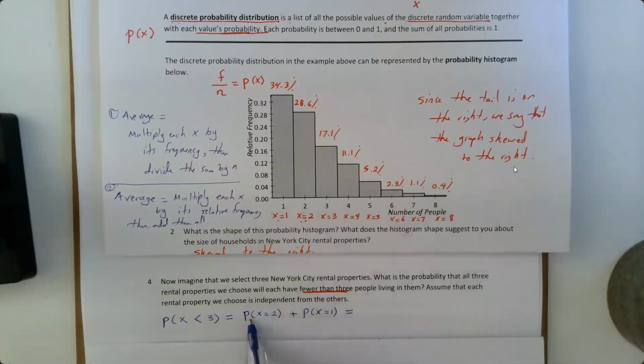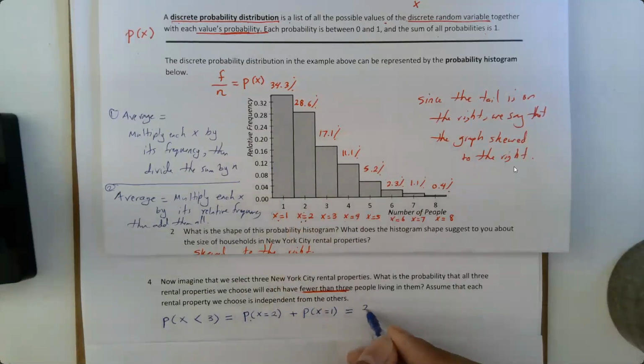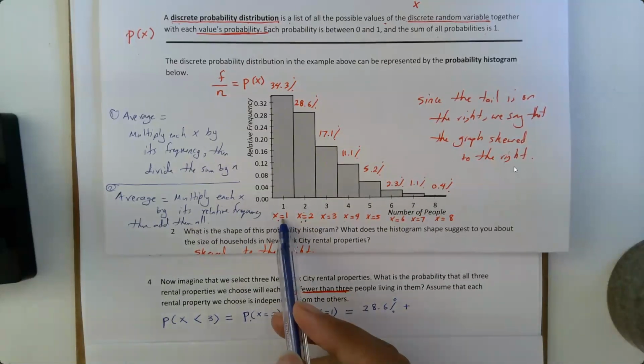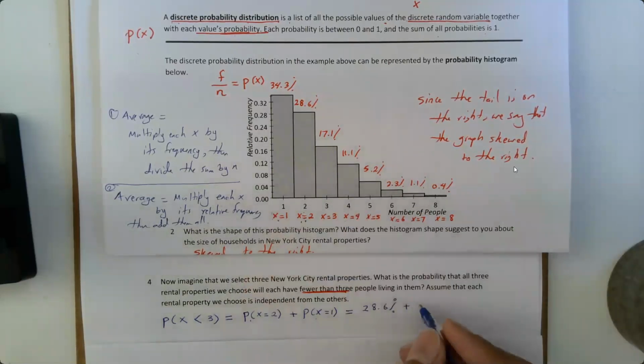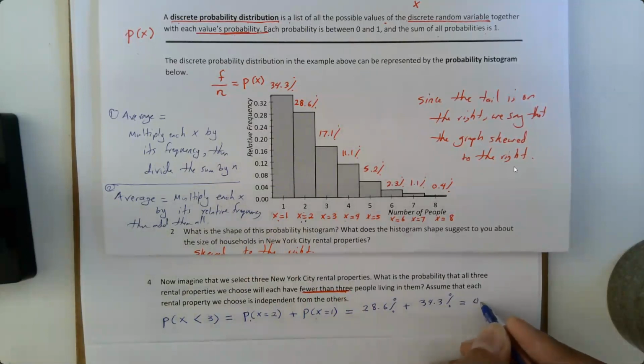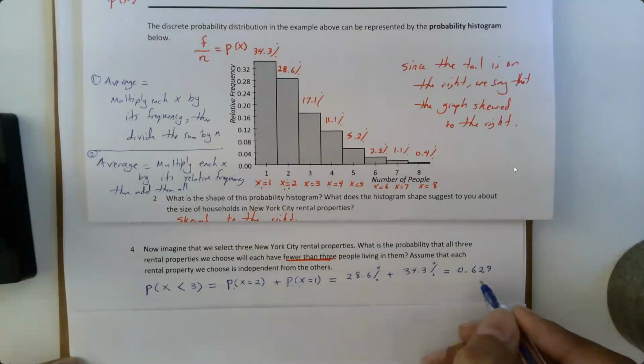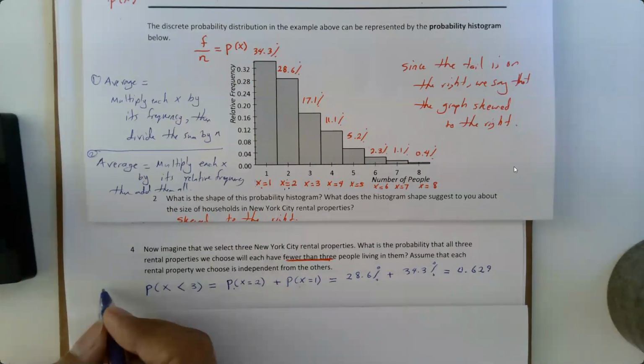The probability that X is equal to 2 is 28.6%, and the probability that X is equal to 1 is 34.3%. The sum is 0.629 or 62.9%.